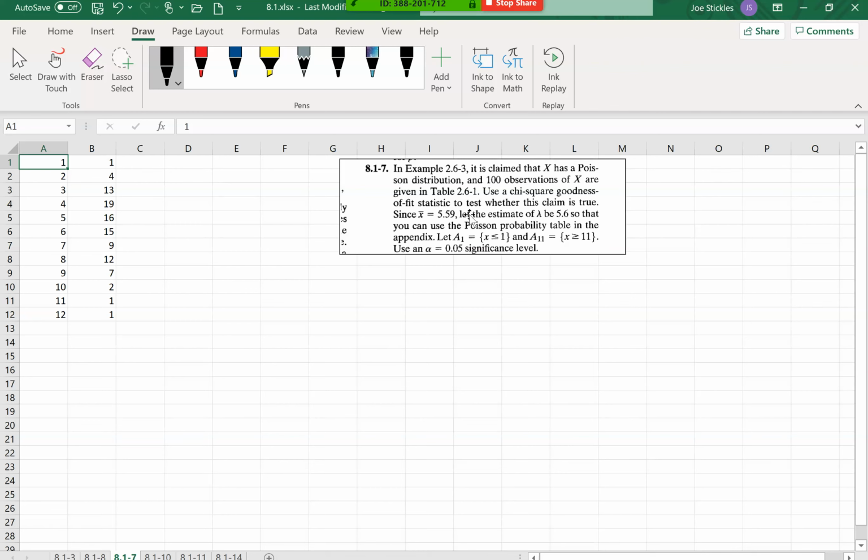In this example, we're going to estimate one parameter, lambda, based on the sample, so we'll lose a degree of freedom there. If you had a gamma distribution where you estimate 2 parameters, alpha and theta, using the sample, you will lose 2 degrees of freedom. If you fit a normal distribution and estimate the mean and the variance based on the sample, you lose 2 degrees of freedom there as well.